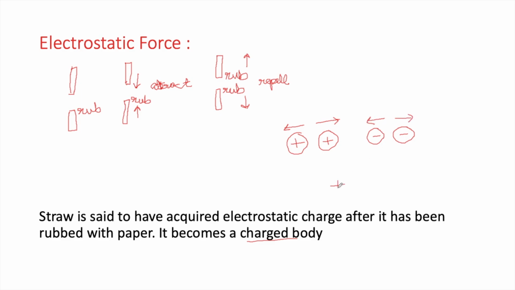But if we have a positive charge and a negative charge, that is opposite charges or unlike charges, then they are going to attract each other. Yes. So this is how electrostatic force functions. For this, no contact between bodies is needed.